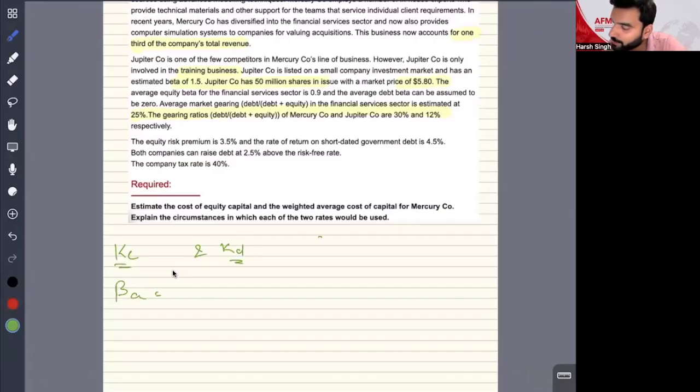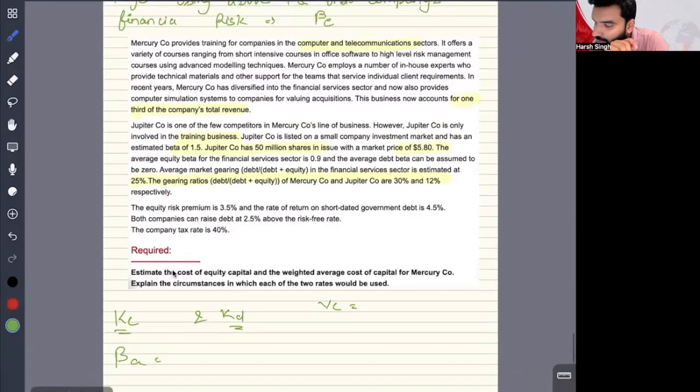What is value of equity of my company? Is it given, everyone? Not my company, the other company. 50 million shares, 50 multiplied by 5.8.